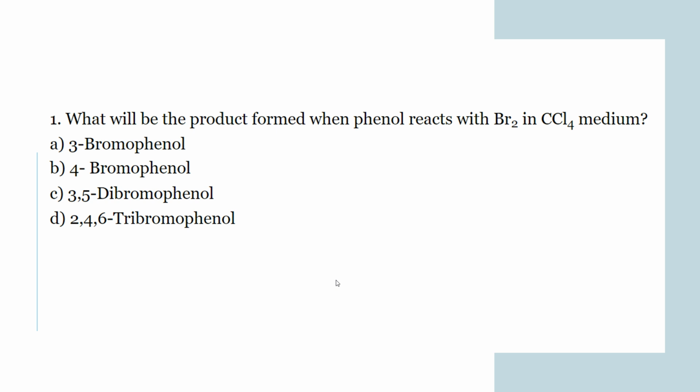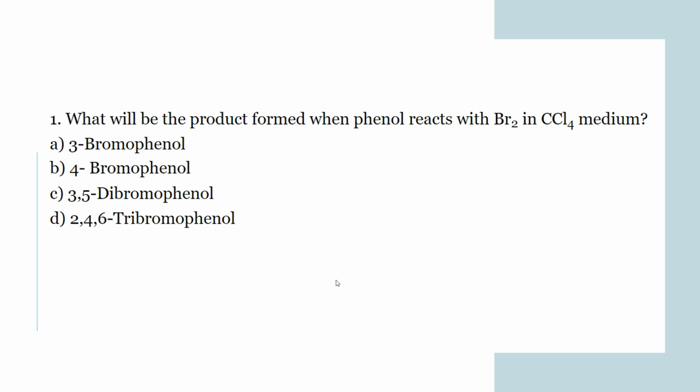So what happens in carbon tetrachloride, which is a non-polar solvent? In this non-polar solvent, bromine liberates a very weak electrophile, which is positively charged bromine. So the weak electrophile Br plus is generated in the medium, which gets attacked by phenol.